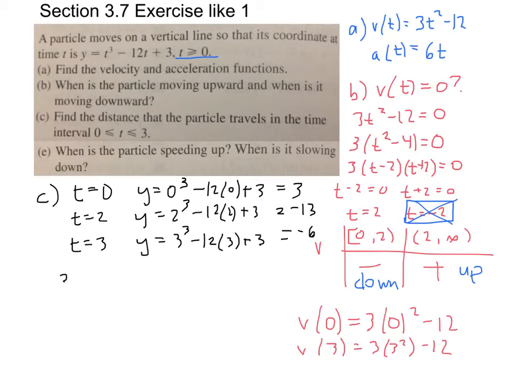So we started at 3, and we went to negative 13, and then we went to negative 6. So from 3 to negative 13, we traveled 16, and then we went 7 more. So the total distance that I traveled was 23.